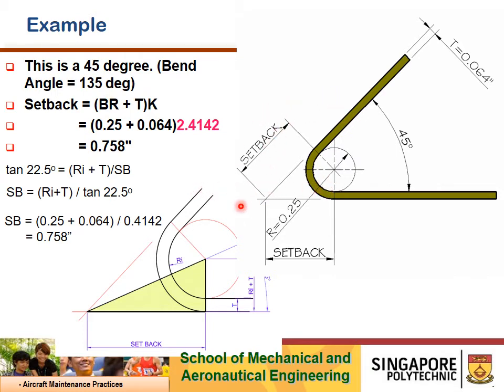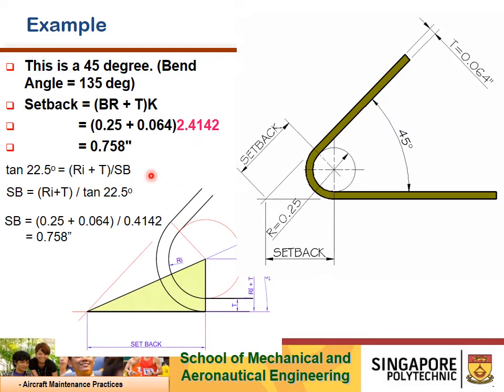Using the setback calculation table and formula, from the table itself I know the K value is 2.4142. If the table is available, you can refer to your notes. So you substitute in all the variables, and you will get your setback of 0.758 inch.